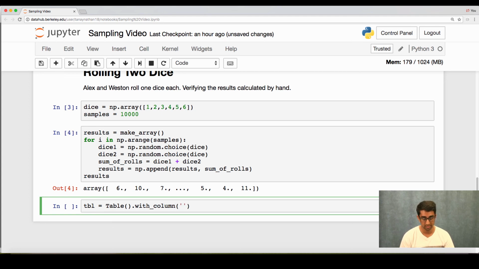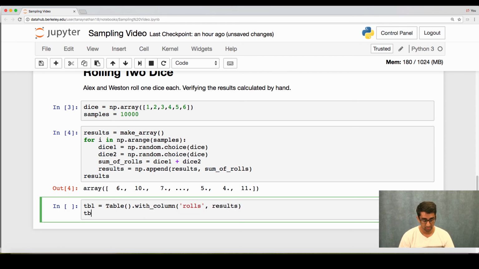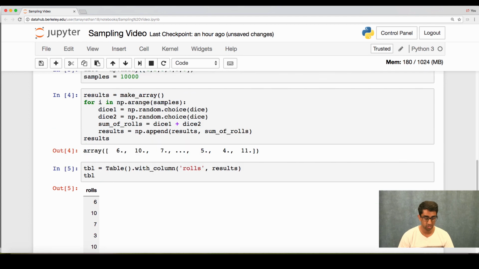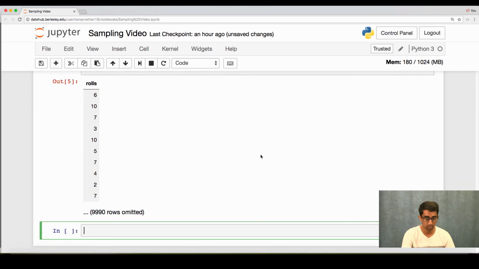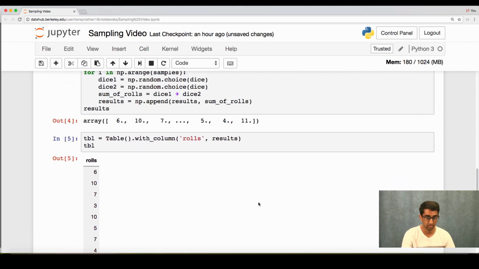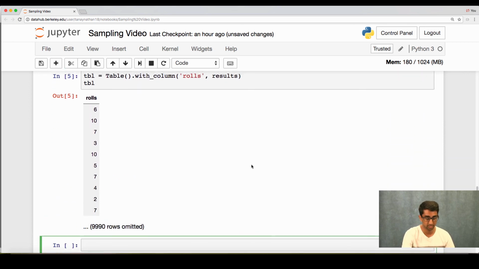Let's call it rolls and put our results in there. The table should look very similar to our original one, and we have 10,000 rows in there, so that's good to go.